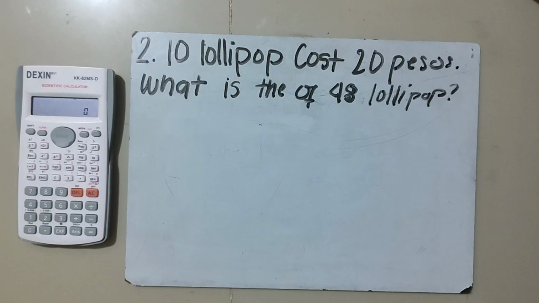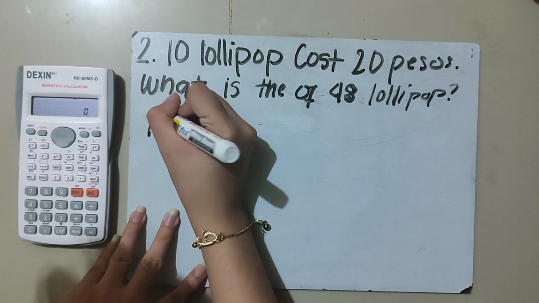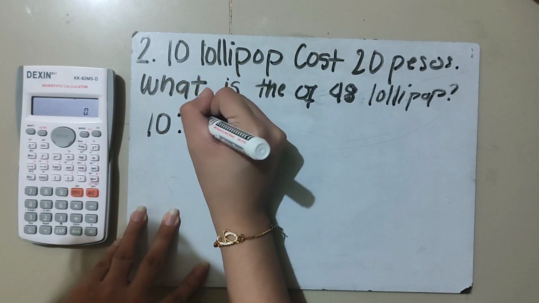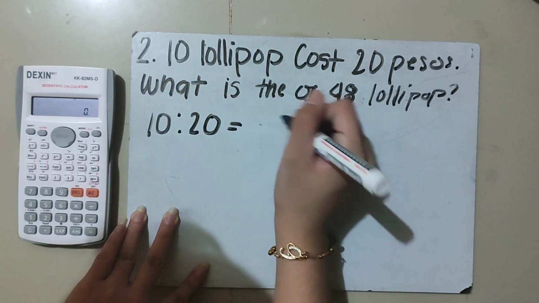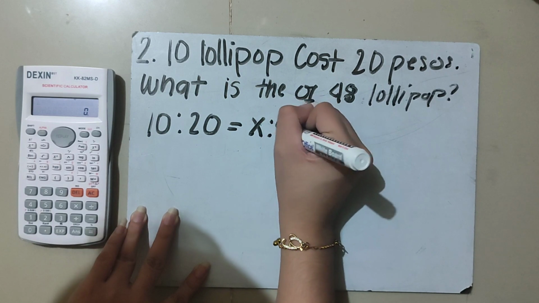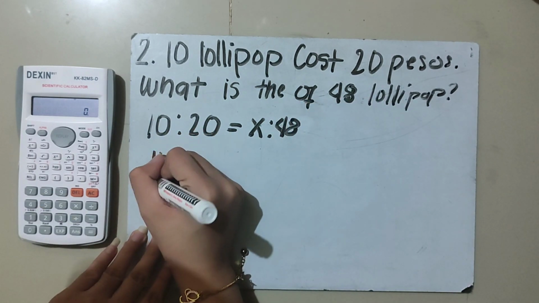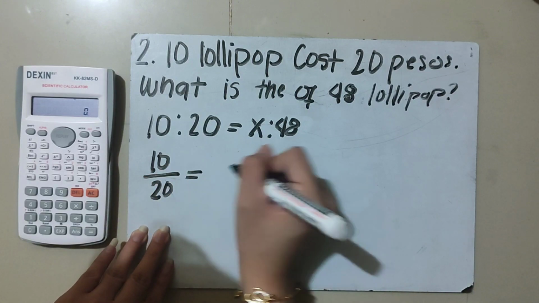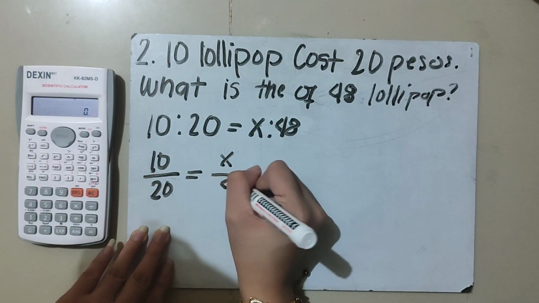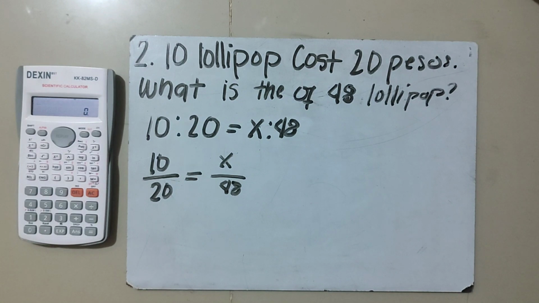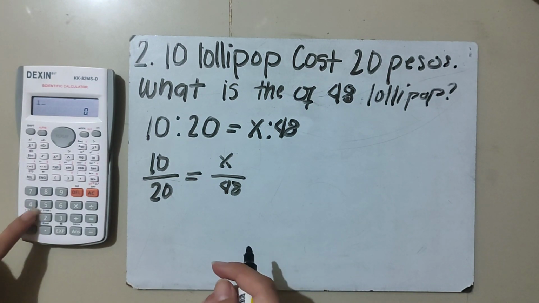Now, let's have our second problem. 10 lollipops cost 20 pesos. What is the cost of 48 lollipops? First, lagay muna natin yung given. Then, yung fractional form. Then, i-cross multiply.